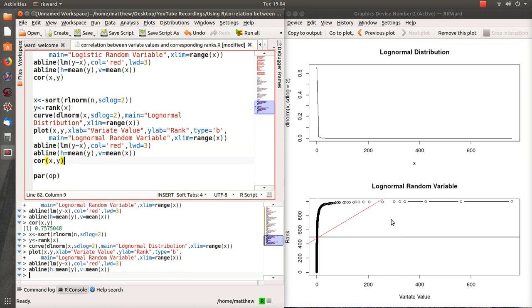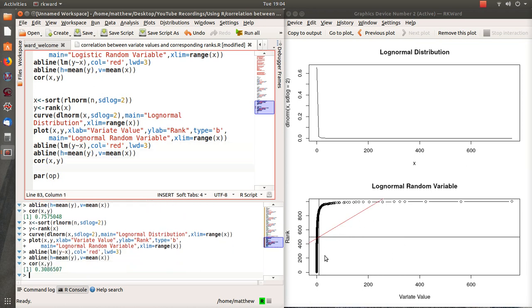So when we fit the regression line, which is here, and then we look at the means, there's a lot of data that are below the expected value of x, but are above the mean of the ranks. So there are a lot of negatives there that cancel with a lot of positives here. And so the correlation is going to be pretty low, and it is 0.3865. Now if we were to make this even more skewed, I think this would be even closer to 0. I don't know if theoretically we could get it to 0 or not.